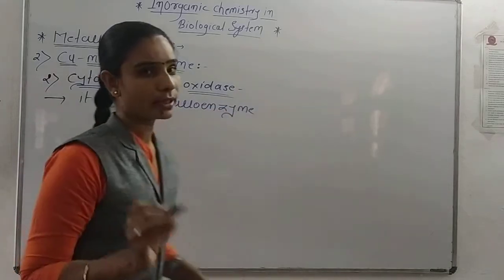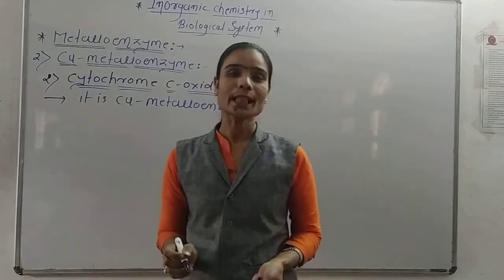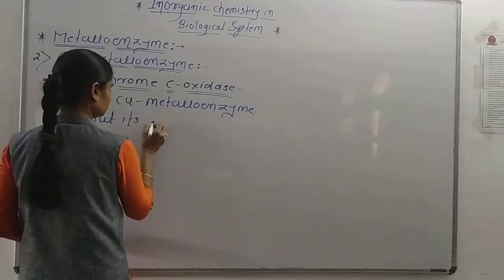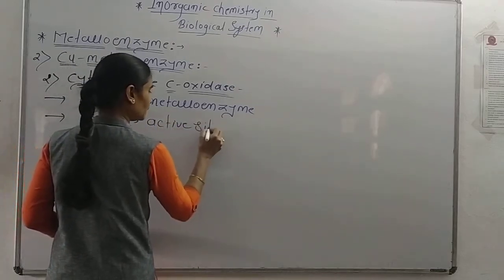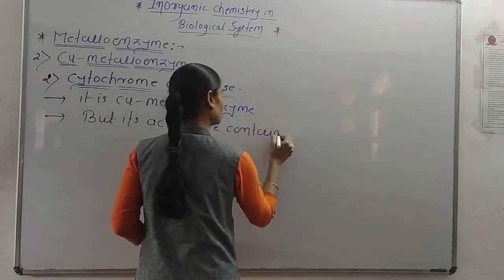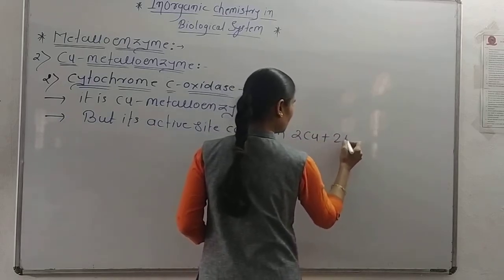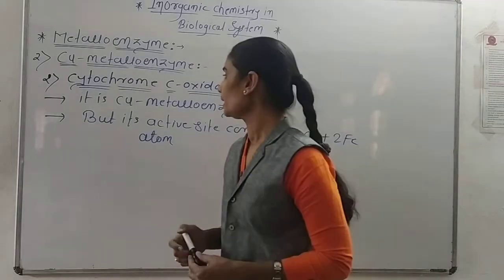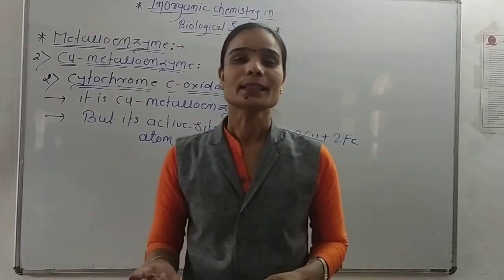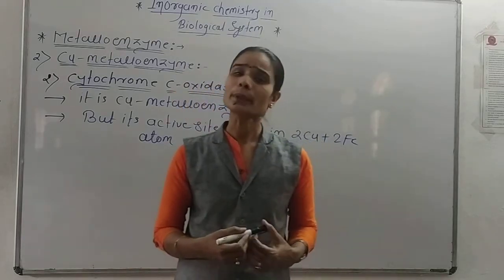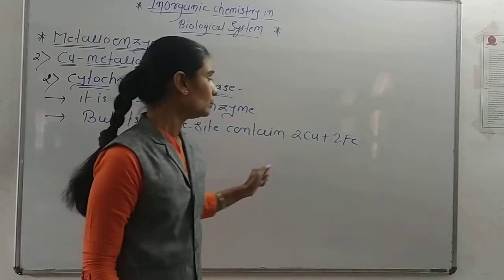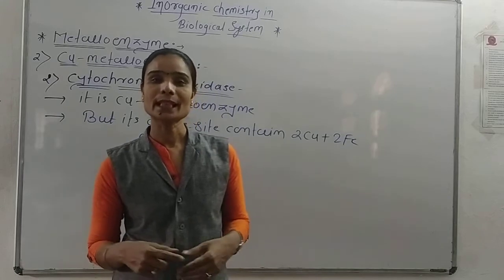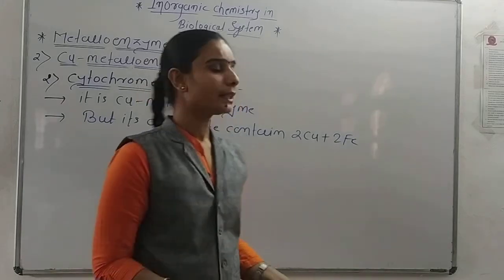This cytochrome C oxidase is a copper metalloenzyme, but its active site contains two copper atoms plus two Fe atoms. We already saw the definition of metalloenzyme: it may contain one metal at the active site, or more than one metal at the active site.